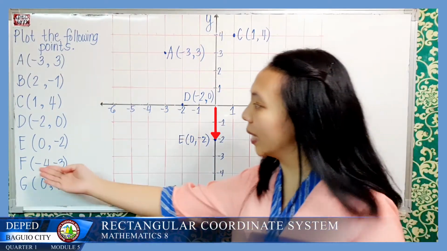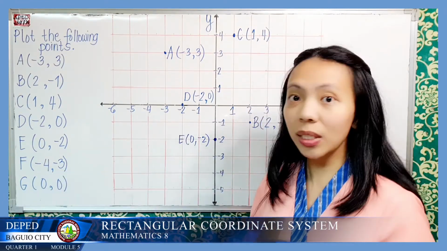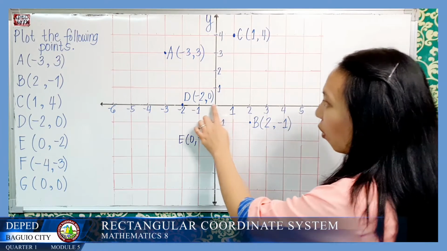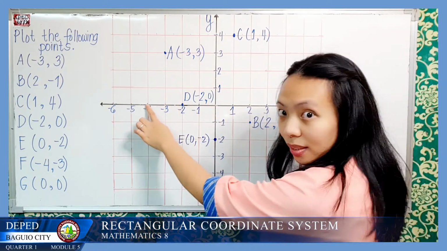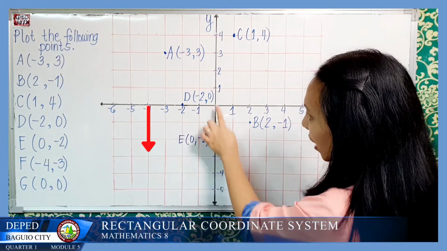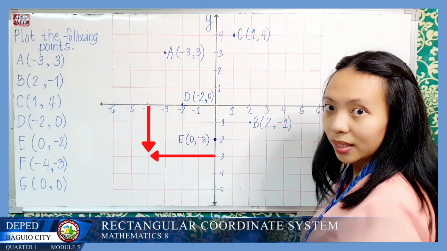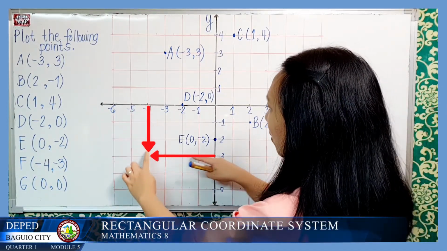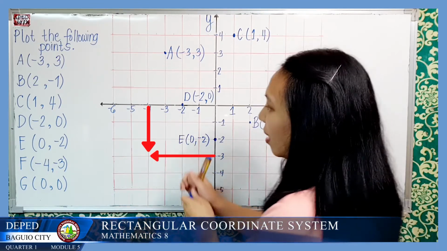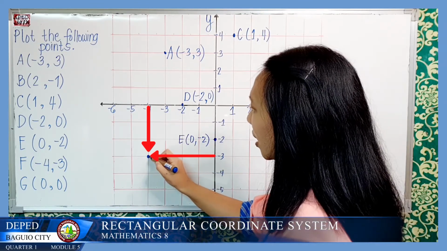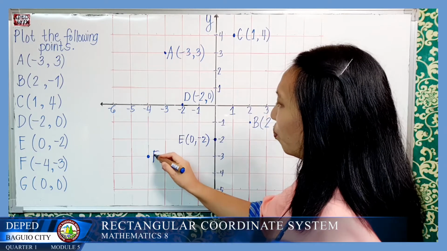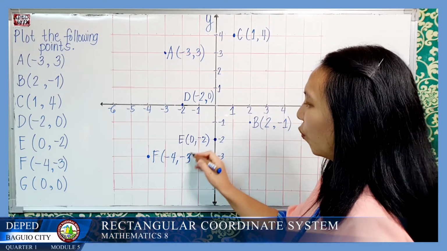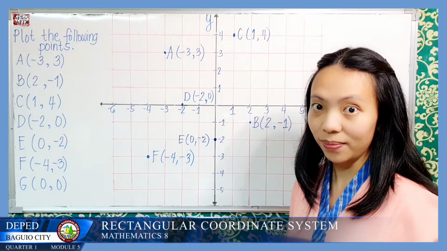Let's now plot point F, which is located at -4, -3. -4 along the x-axis, -3 along the y-axis. Again, we are going to find out where they intersect. The point of intersection is the location of point F. Its coordinates are -4, -3.